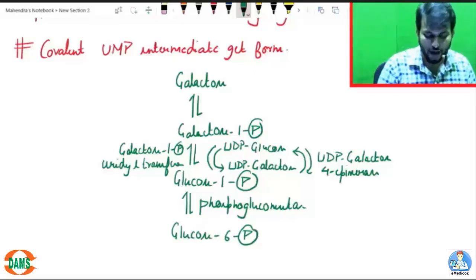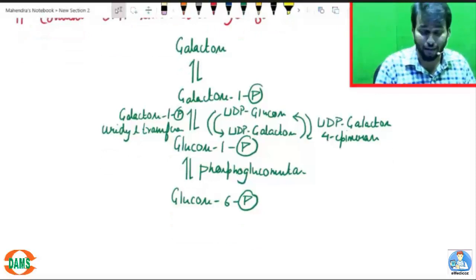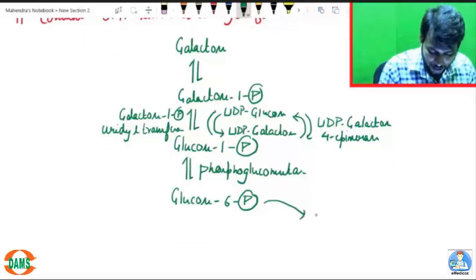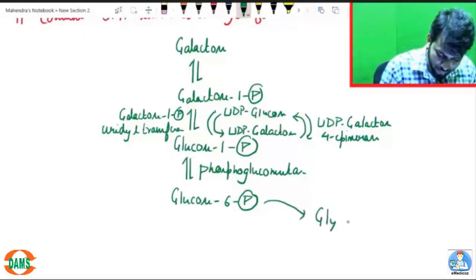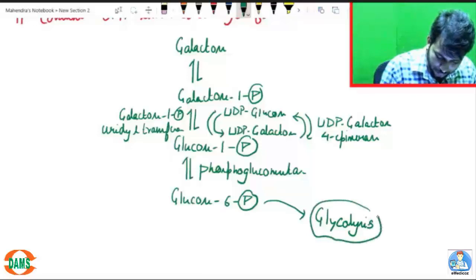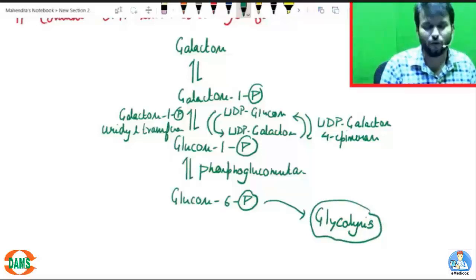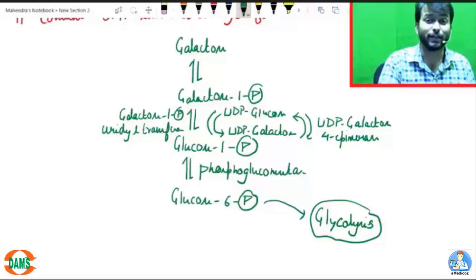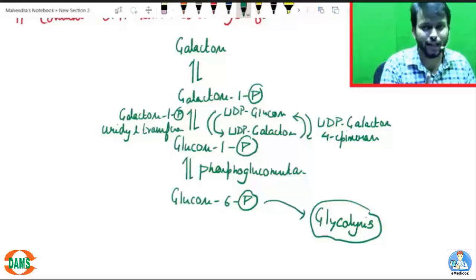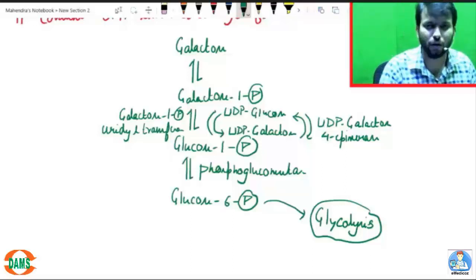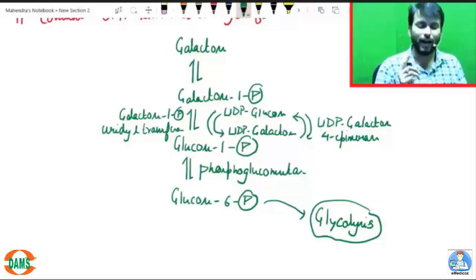We know that glucose 6 phosphate can enter the process of glycolysis. So this is the process by which galactose can enter glycolysis.